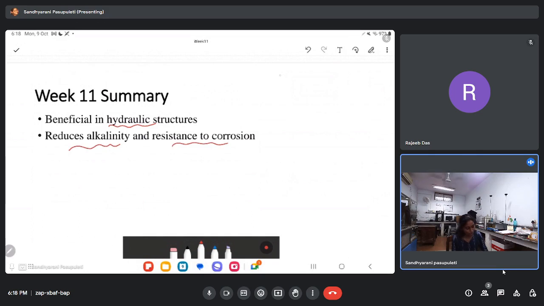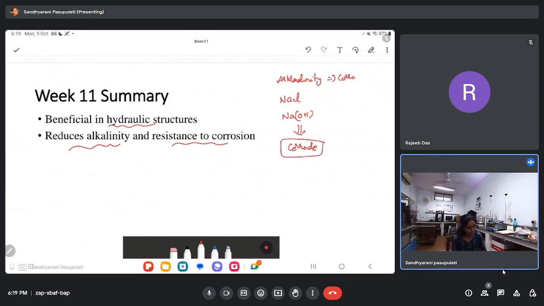For example, alkalinity is always disadvantageous to corrosion. If we see the salt NaCl and also NaOH, all the alkaline solutions, if they are in contact with iron or steel or any material, they try to make the material corrode.